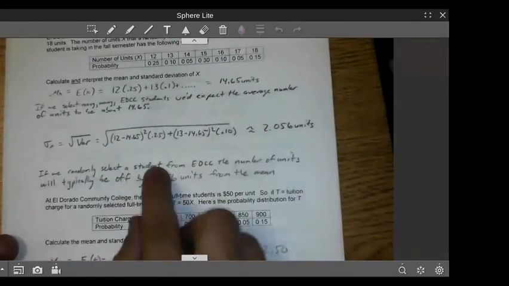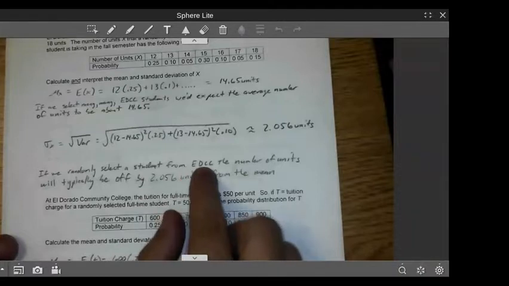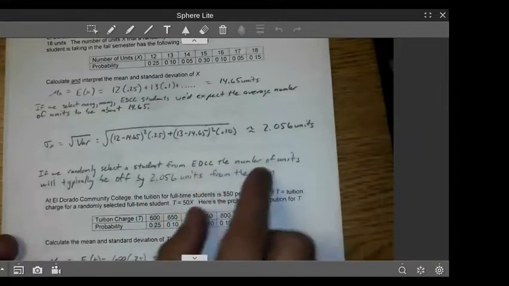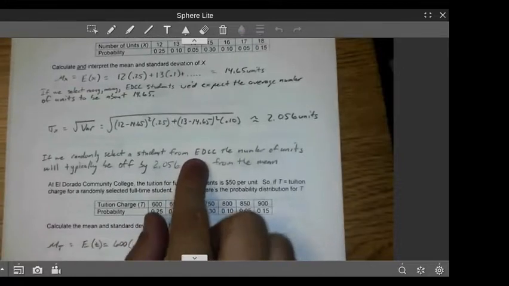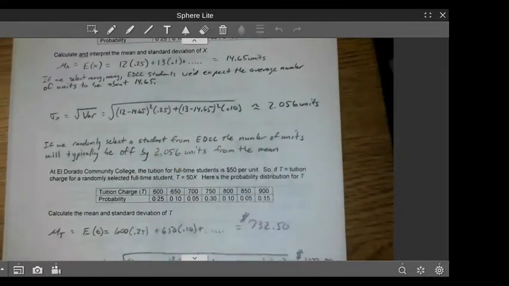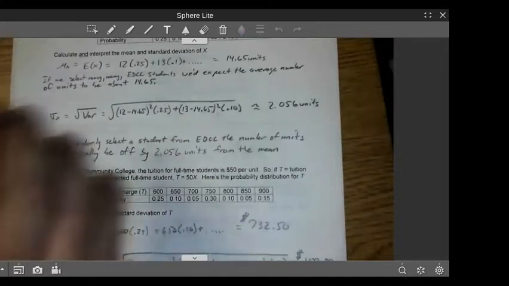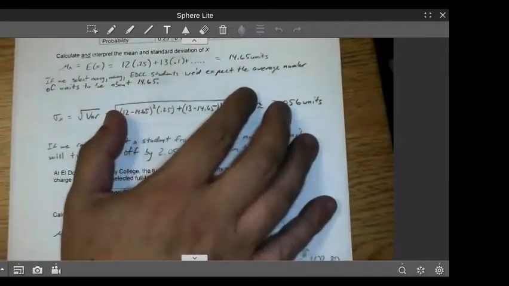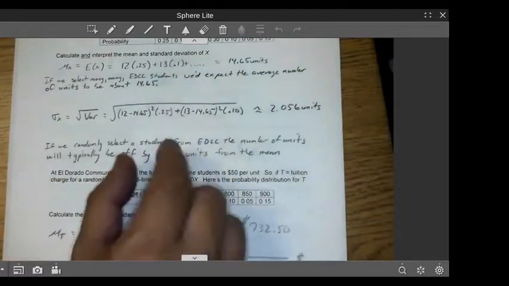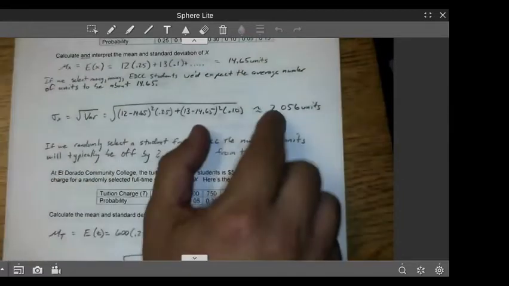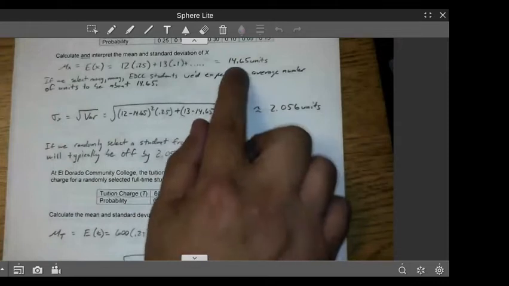So if I randomly select a student from El Dorado Community College, then the number of units will typically be off 2.056 units from the mean. Having the word units there is probably a little repetitive, but there you go. So again, for the mean, I do something a whole bunch, this is what happens. For the standard deviation, typically when I grab one, it's this far away from this number.